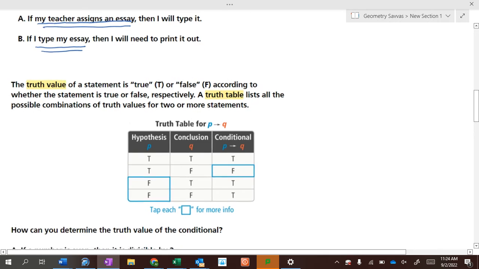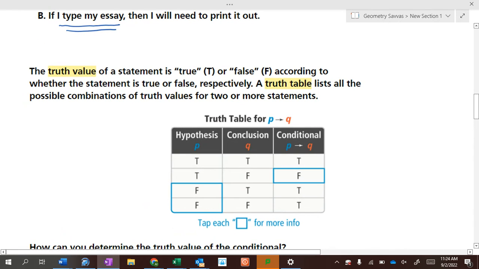Truth value. I am not worried about truth values and truth tables. Okay? But it's part of our vocab. So a truth value is a true or false statement according to whether the statement is true or false.